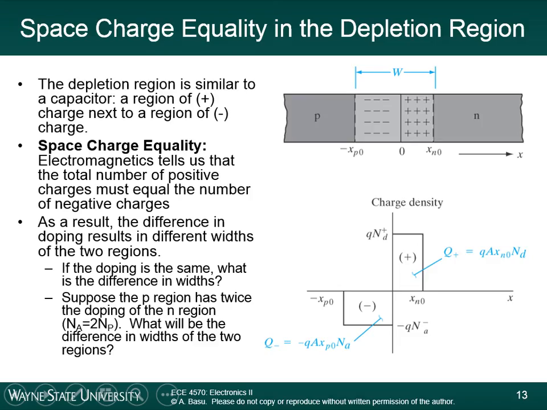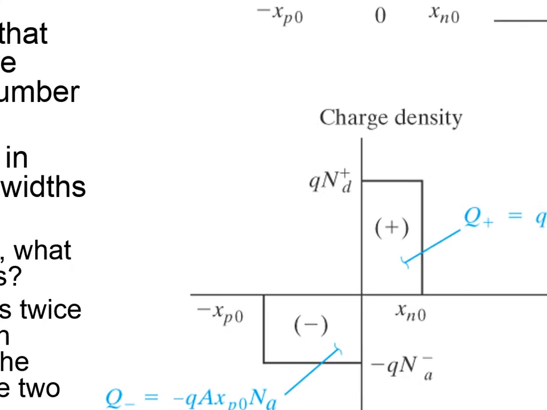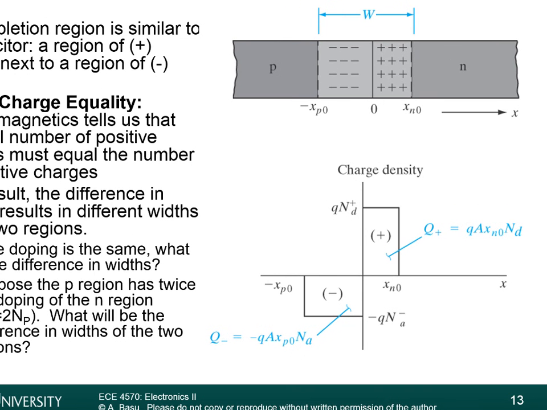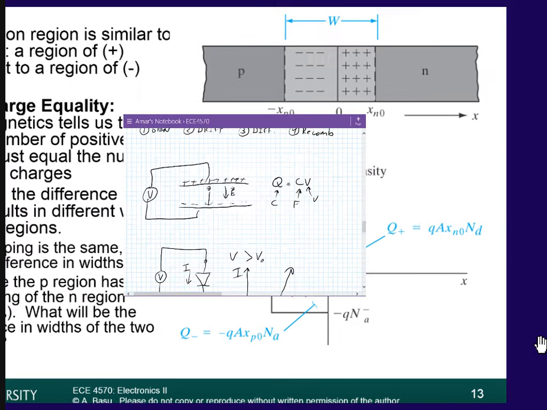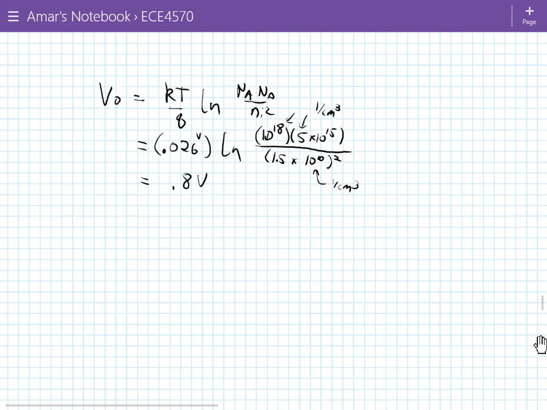You can look at the charge density. So the charge density on the N side of the junction is Q times ND plus. Okay, let me redraw this here. So rho of x, the rho is charge density.